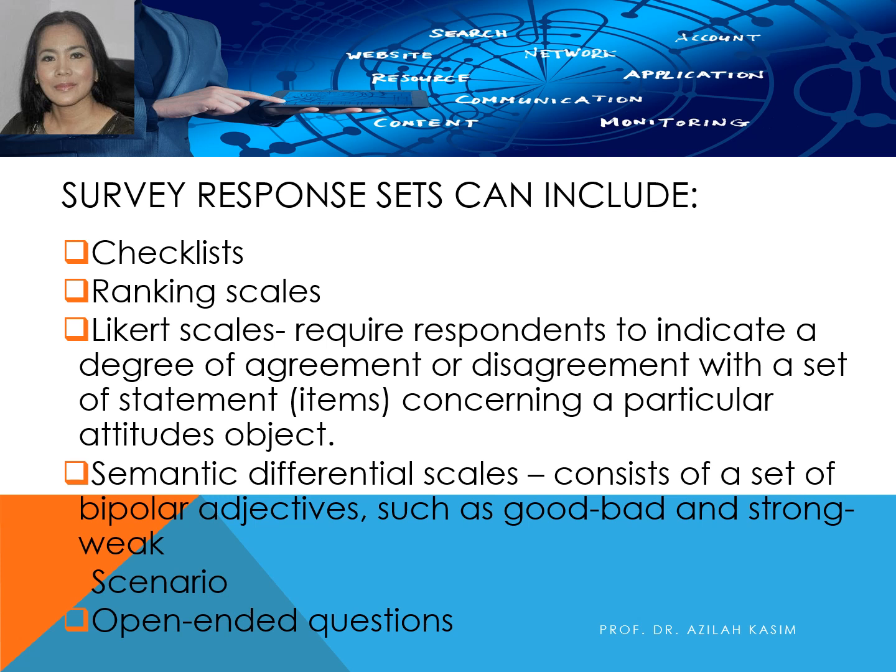You can use semantic, meaning using adjectives. Okay, you can use scenarios. That means you give them a story, and then based on that story, they can decide. And you can give them open-ended questions. Open-ended question means you ask a question, and they can elaborate by filling up the blanks that you provide under that question.